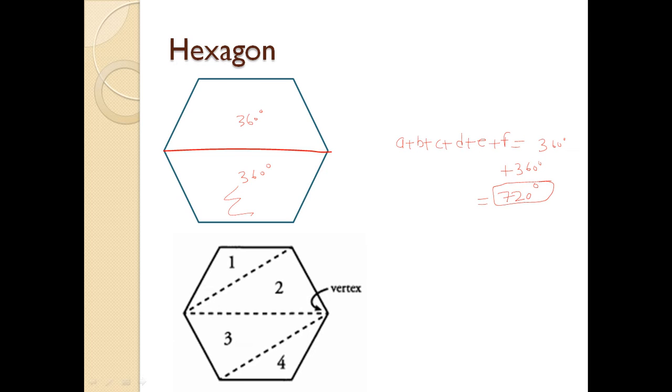Also, if we don't know the sum of the interior angles of a quadrilateral, we can convert this into four triangles. So 180 multiplied by 4 will also come to 720 degrees.